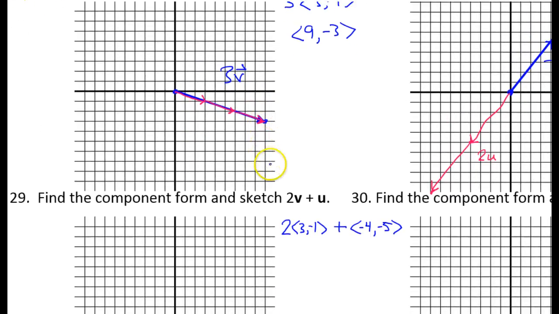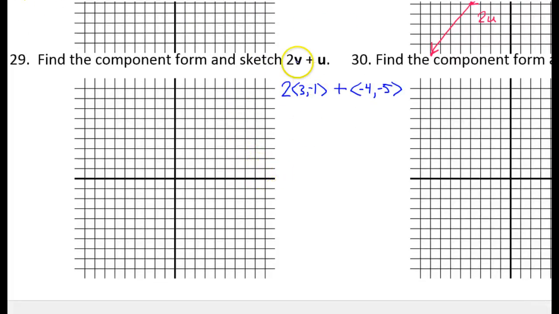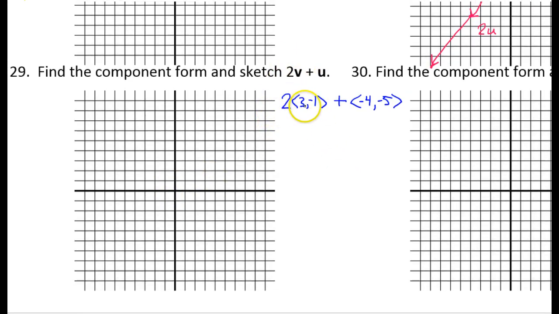Okay, and that's going to be even more important when we do number 29, because we are really supposed to show 2v plus u. We're not just supposed to do the algebra and then draw the result. So again, vector v is 3, -1. So a single one of those would be like this.